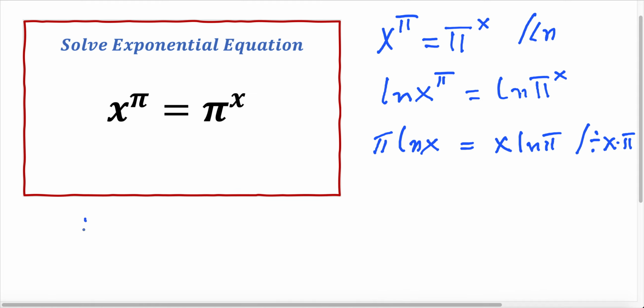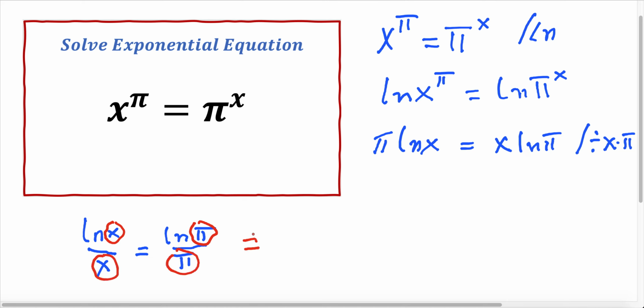If we are dividing by x pi, what we are going to get, let me write here, we can write ln x divided by x, which is equal to ln pi divided by pi. So that's what we have here. And if we are looking here closely, intuitively, this x here is equal to pi.